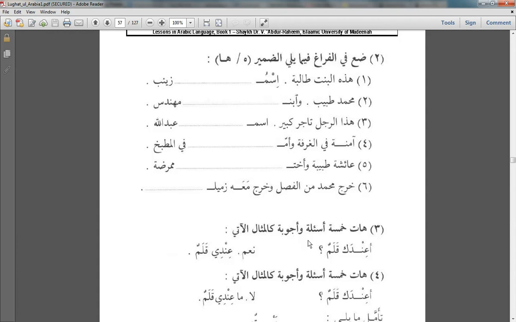هات خمسة أسئلة وأجوبة كالمثال الآتي. Bring 5 questions as given in the example.